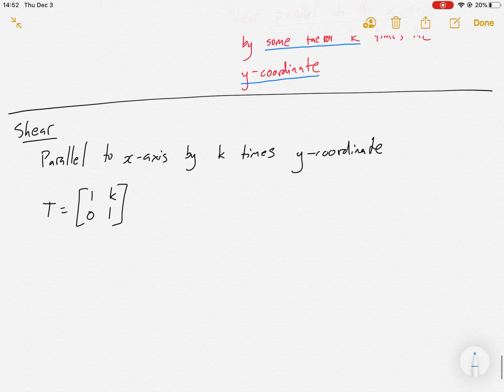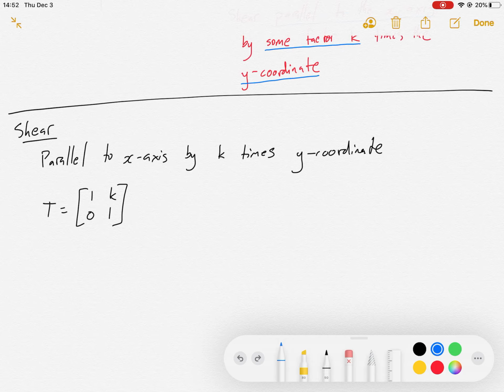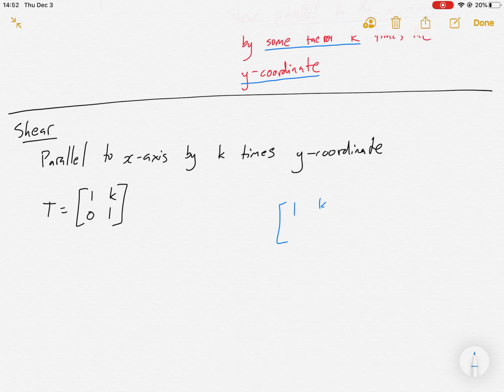If I were to now multiply this by some general xy, let's see what would happen. If I did the matrix [1, k; 0, 1] times just some point xy, notice that my x value is going to be x plus some multiple of y.